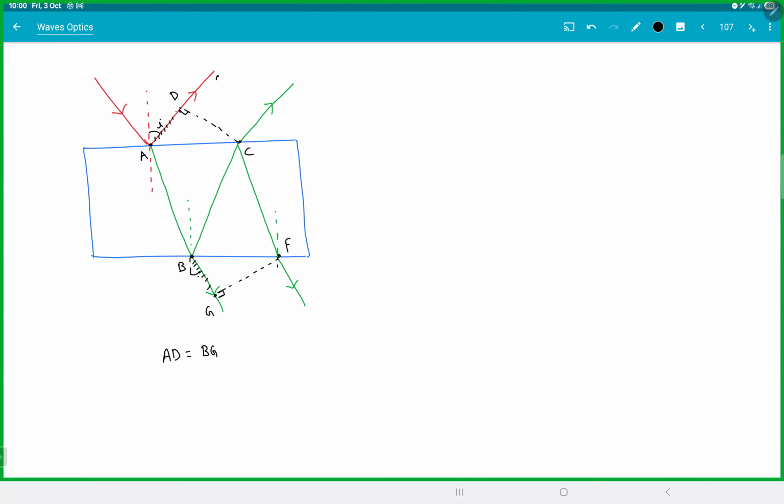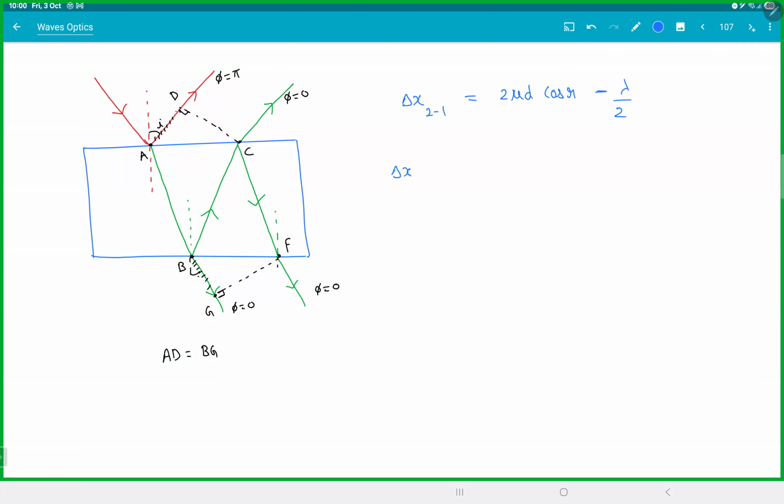Great. But the difference is this thing has a phase angle pi. This thing has a phase angle 0. This thing is also 0. And this thing is also 0. That means for the refracted rays, if you look at this is coming out. This is BCF, na? So the path difference delta x between 2 and 1, we derived it 2 mu d cos r minus lambda by 2.